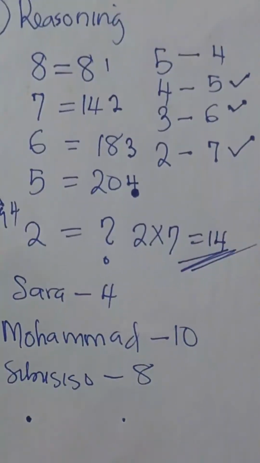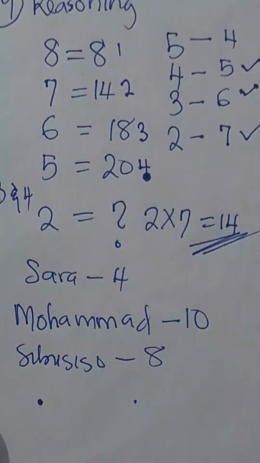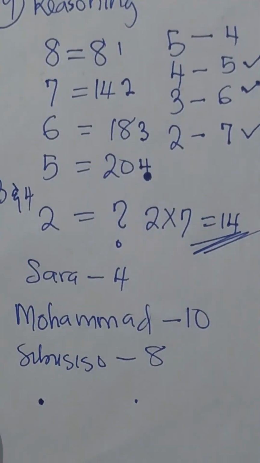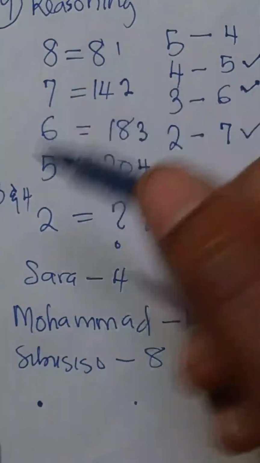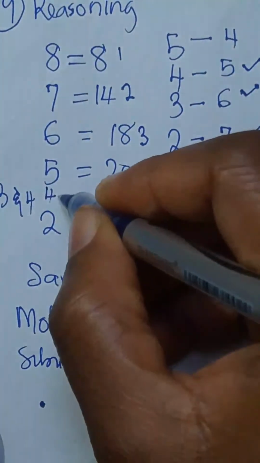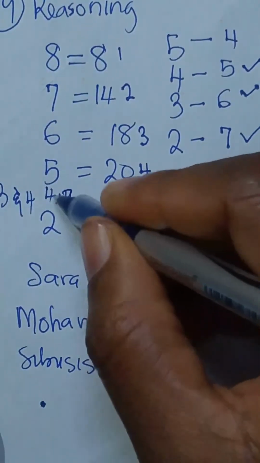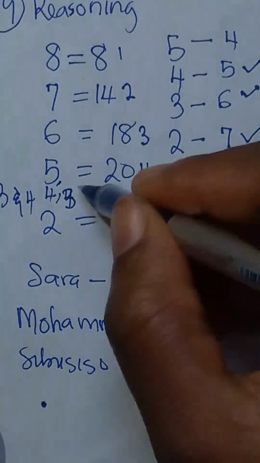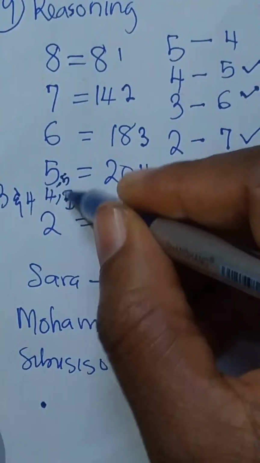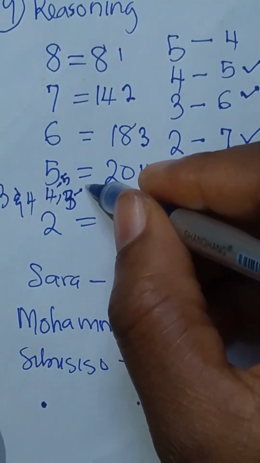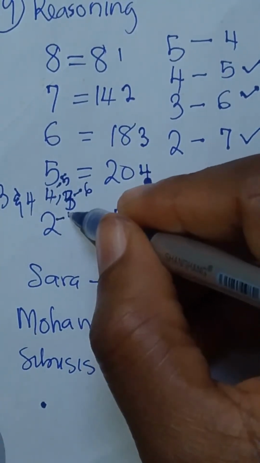So you see how easy it is, but I'm the only one that got this correct. Hope you understand what I'm saying. We have 5 here, so after 5 we should have 4, and after 4 we should have 3. If 5 is multiplied by 4, then our 4 should be multiplied by 5, and our 3 should be multiplied by 6. Then our 2 will be multiplied by 7.